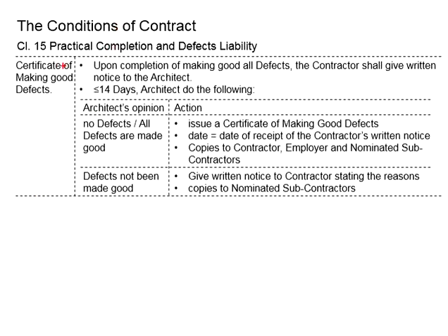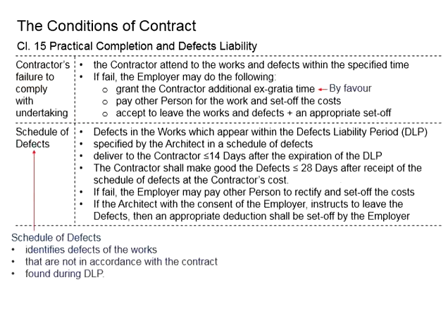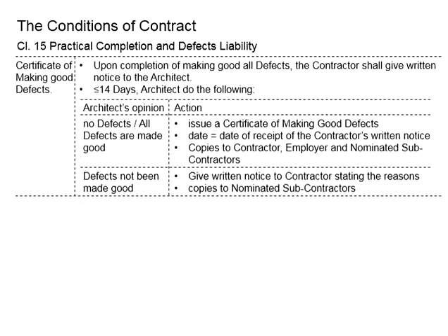Next, we look at the certificate of making good defects. This certificate claims that the defects identified in the schedule of defects have been made good. That means they have been rectified, and now the contractor is free from the liability for the relevant defects.